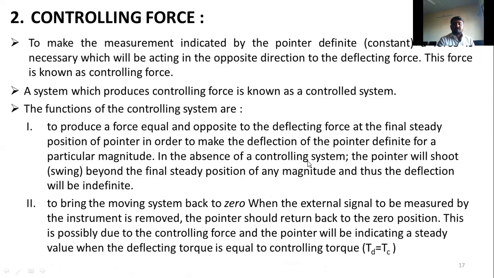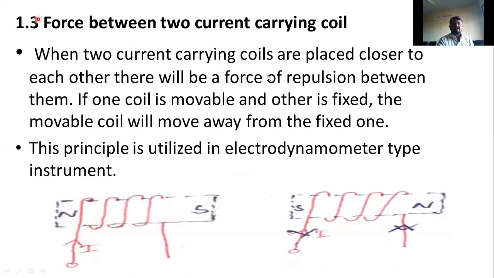The third point is the force between two current carrying coils. Here there are two current carrying coils, with no iron part. Both are imaginary magnets.